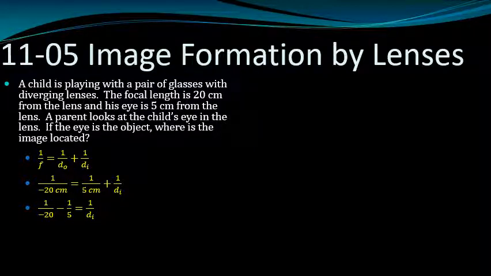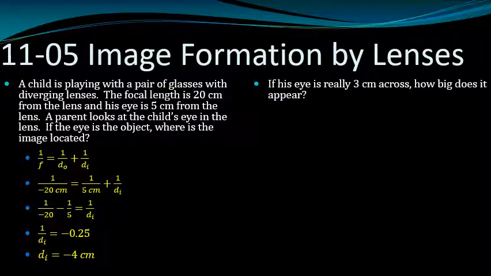Get a common denominator and combine those. And you have 1 over di equals negative 0.25. Take a reciprocal and you have di being negative 4 centimeters. Since it's negative, that tells you it is virtual and on the same side as the object.